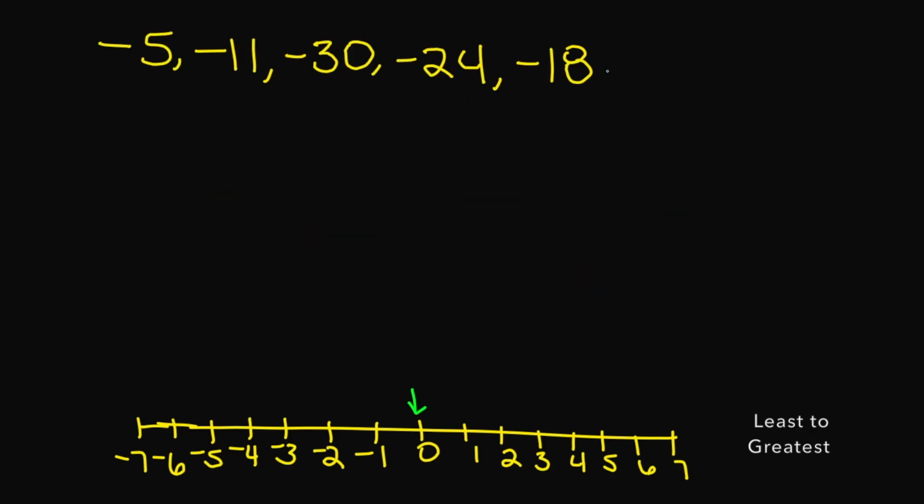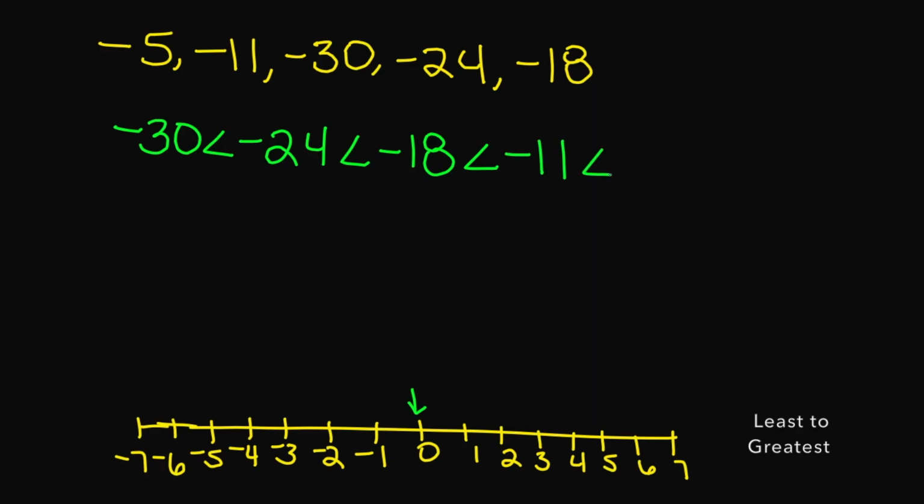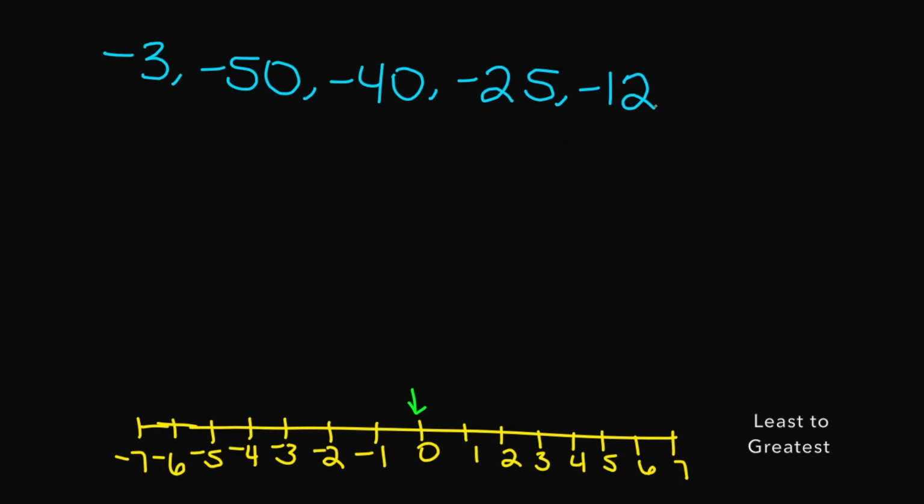-5, -11, -30, -24, -18. From smallest to largest, we have -30, which is less than -24, which is less than -18. -18 is less than -11. -11 is less than -5. So your larger number here is -5, and your smaller number here is -30. Next, -3, -50, -40, -25, and -12.